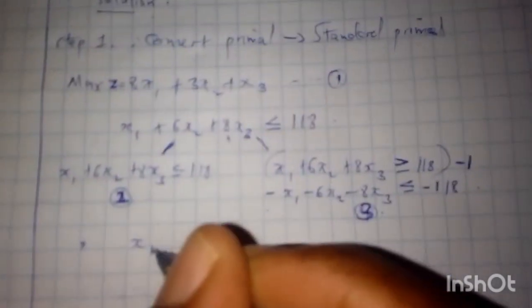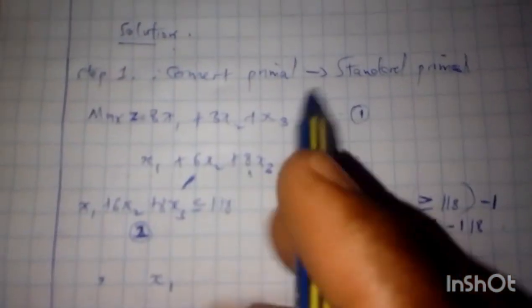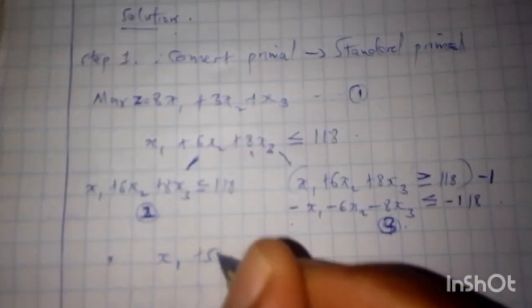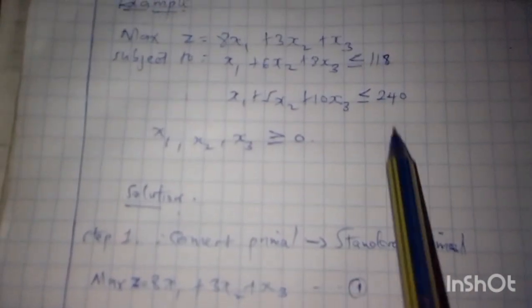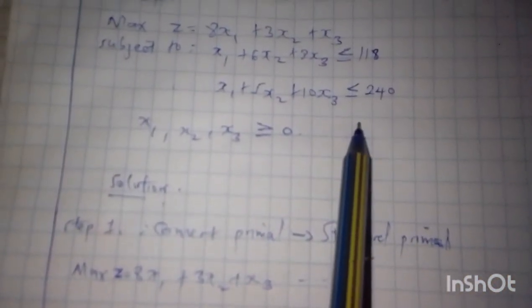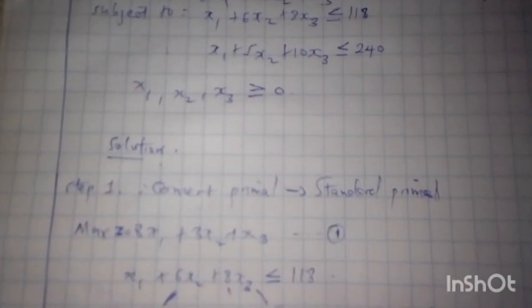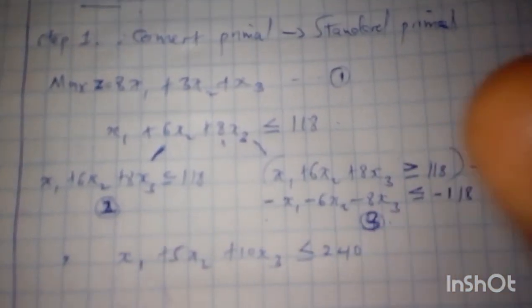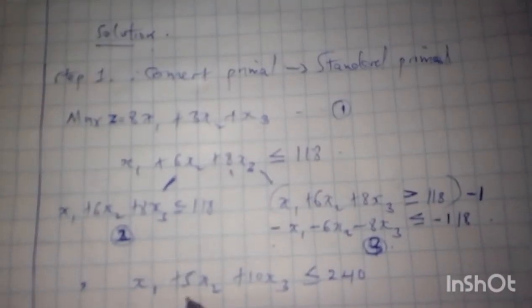We do the same with this x1 plus 5x2 plus 10x3 is less than or equals to 240. So it gives rise to the other two.